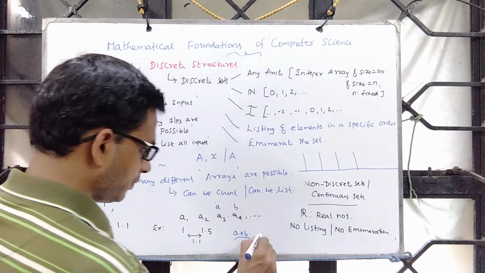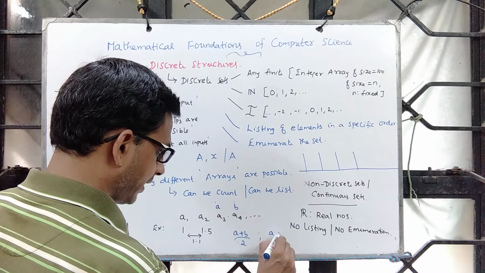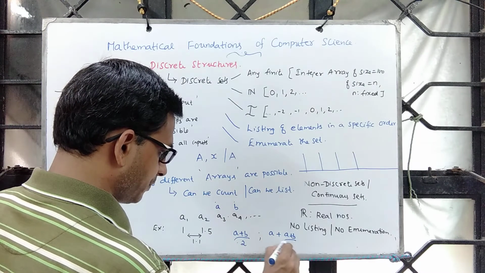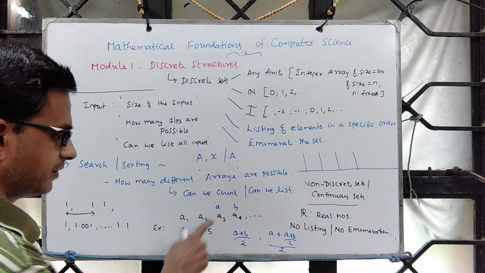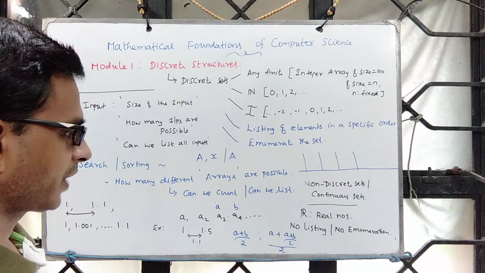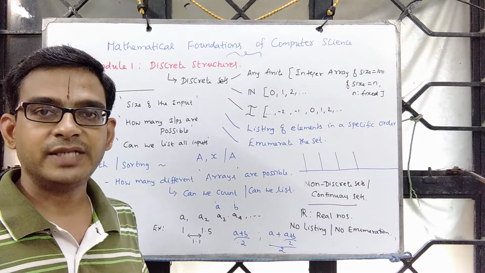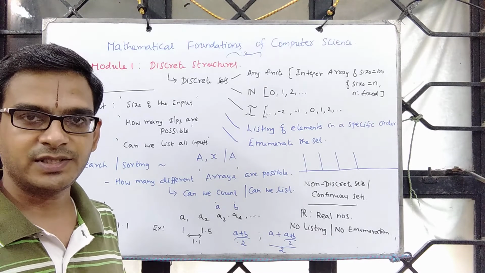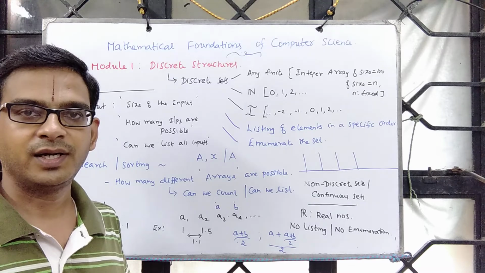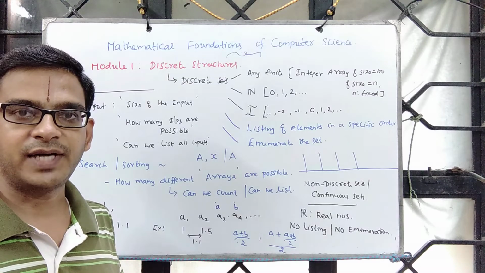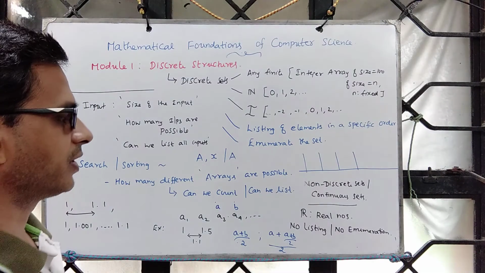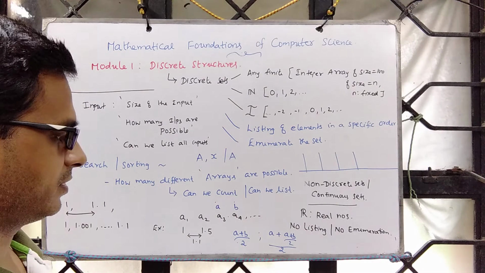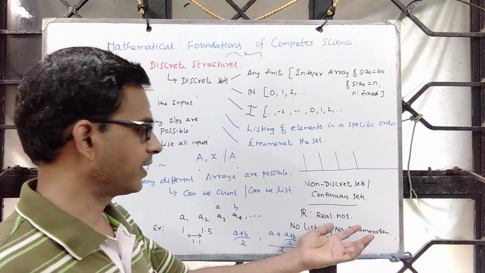Which means there is no listing possible. If you say here is a first real number and second real number, and average of that is also a real number, and like that one can keep arguing, but such a set exists. One such example is real numbers.